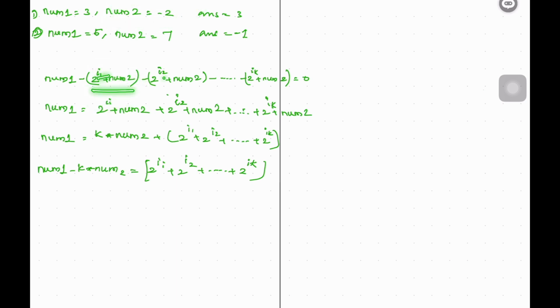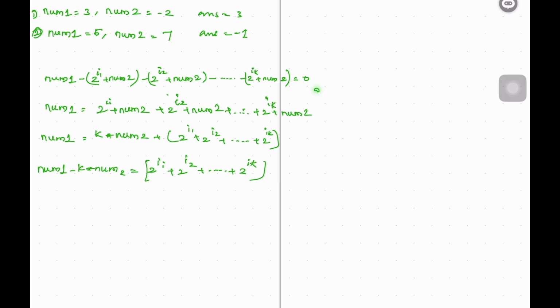We'll take it as i1, i2, and so on: we subtract 2 power i1 plus num2 from num1. Next, if it's not 0, you keep going until you run till i equals k, that is your answer. So here it is 3. In some cases it might be 4 or 5, depending on how many operations you can take.